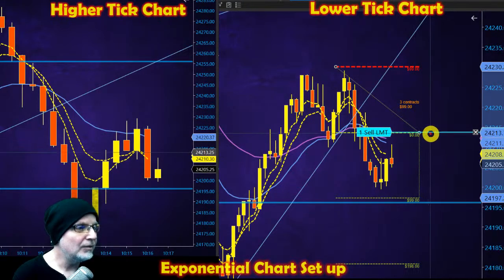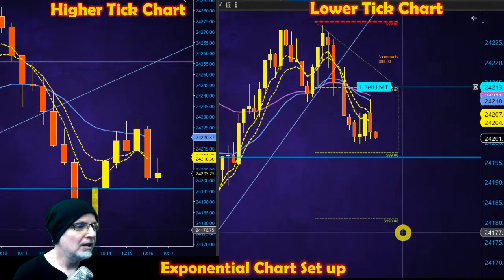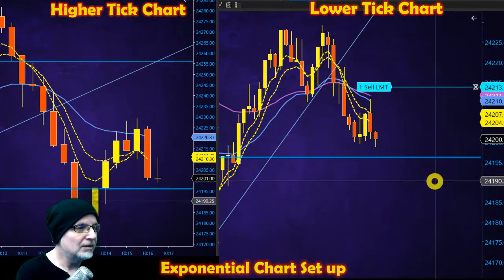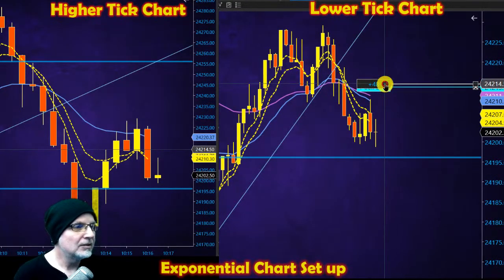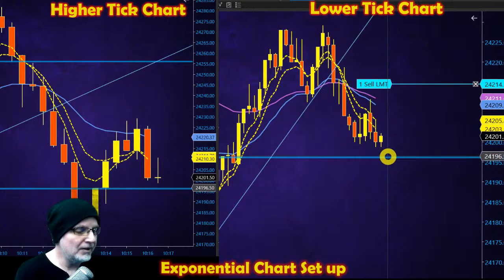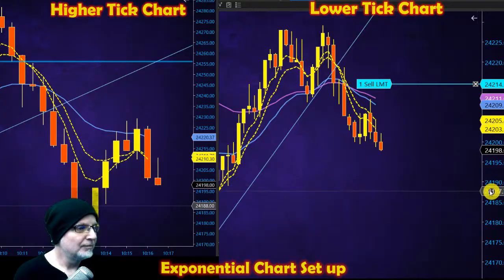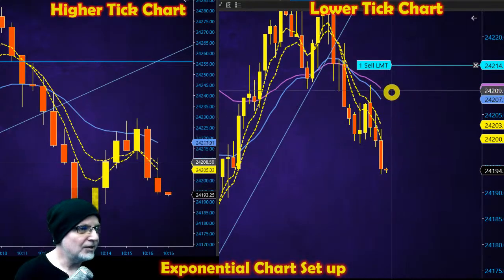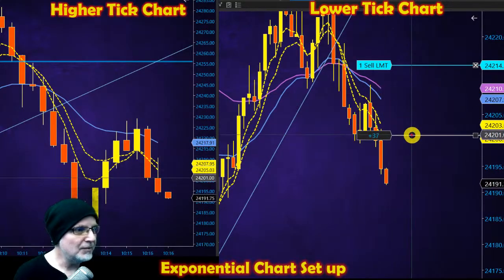That's $30 risk. I could handle that today. Here's another GBI though. That pivot doesn't matter anymore. I should have took that. Let's see if it comes back up.